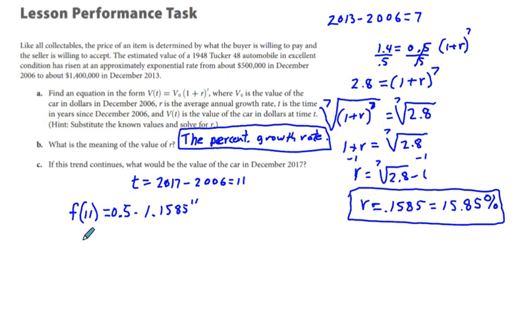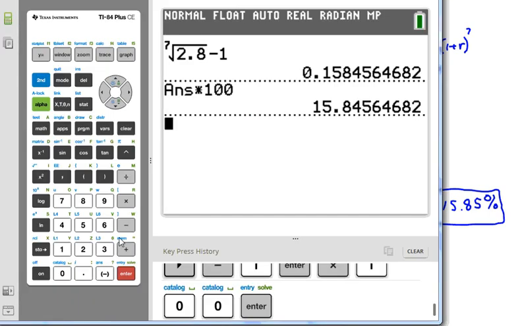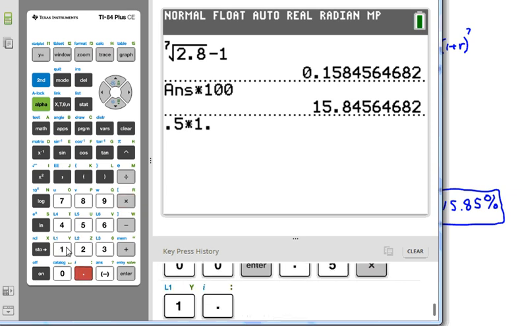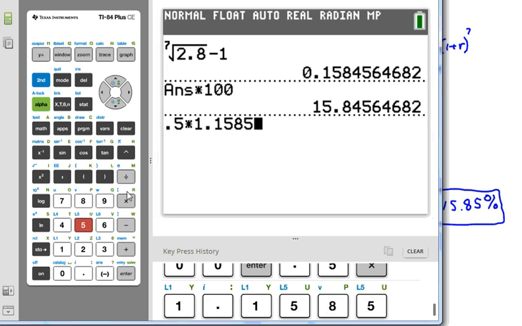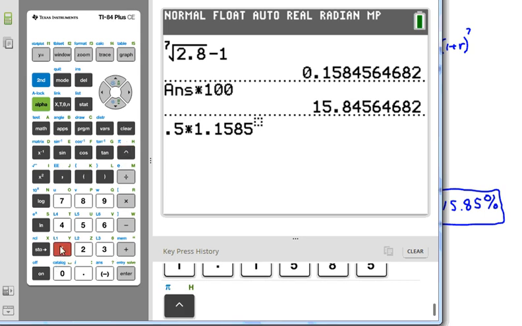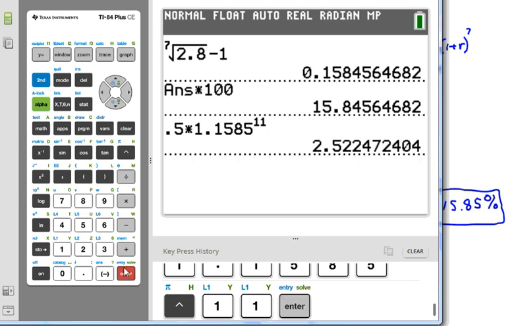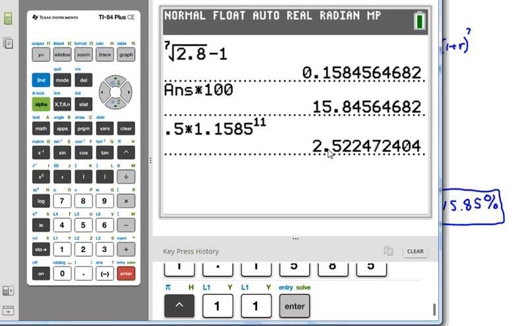So, calculator: 0.5 times 1.1585, and that's slightly rounded, of course, so it'll be a little bit off, to the power of 11. And so we're going to get $2.52 million.